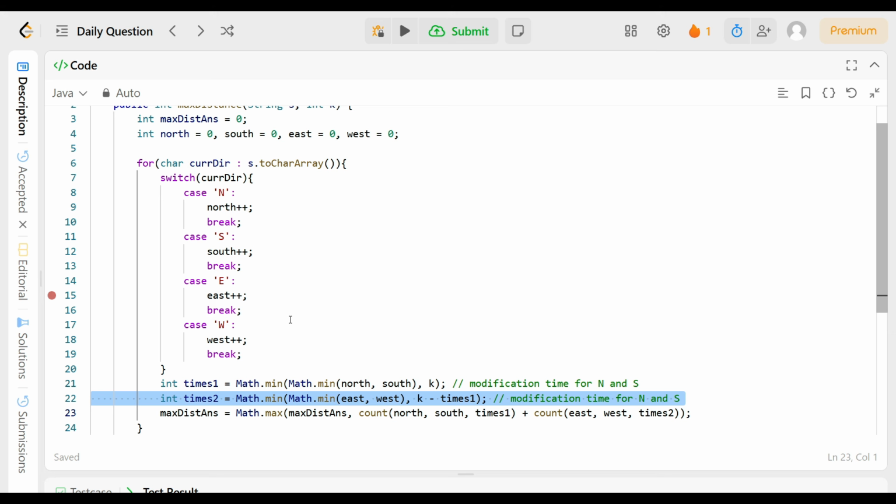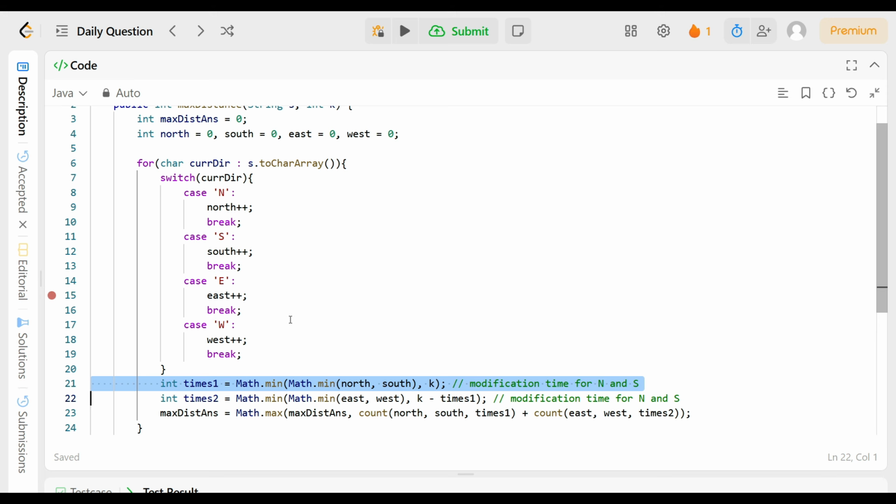The first step was that we modify the letters with a fewer occurrence in the vertical directions. So in the first step, we modify the letters with a fewer occurrence in the horizontal direction.